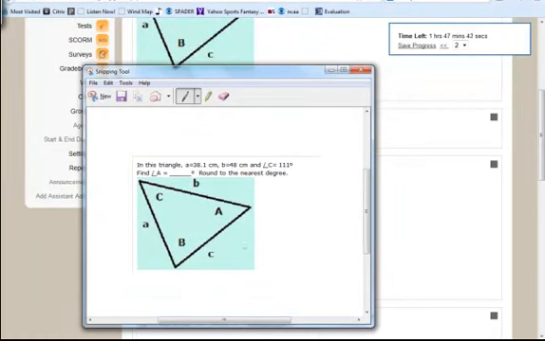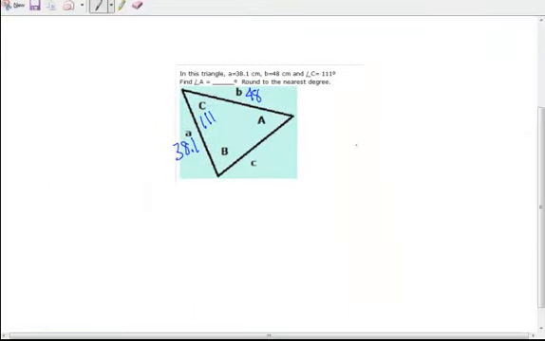In this triangle, A is 38.1, B is 48, C is 111 degrees. Find angle A. Okay, to find angle A, we're going to eventually use the law of sines.